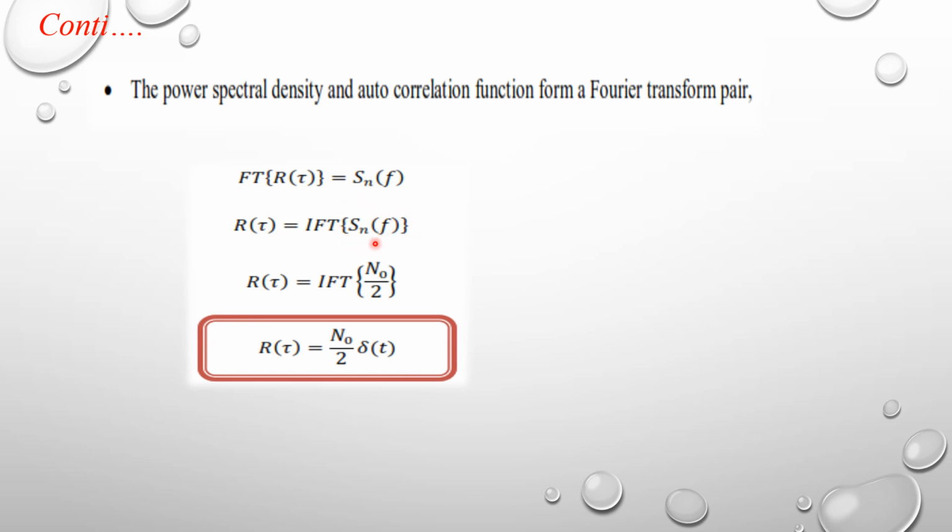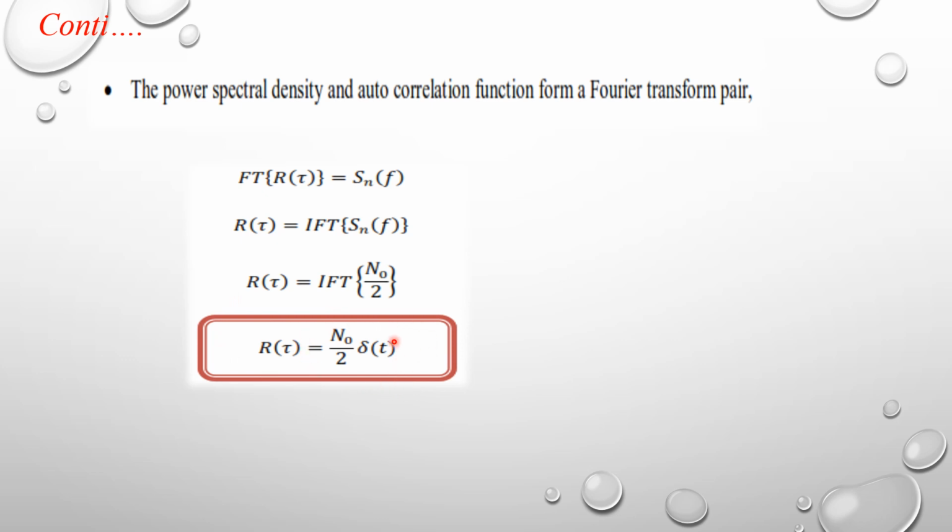We know that Sn(f) for white noise is N0/2. So R(tau) is the inverse Fourier transform of N0/2, so R(tau) = N0/2 times delta(t).